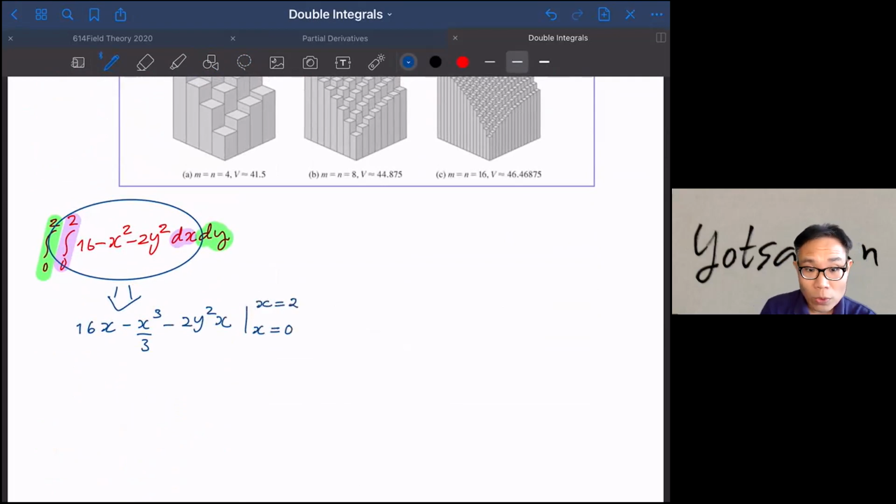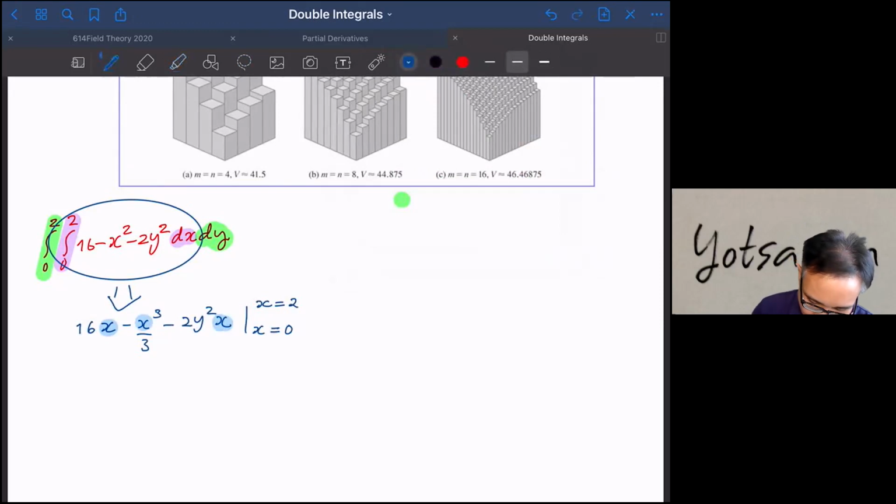I put x equal to 0 and x equal to 2 to warn myself that we are working with the variable x, and the place where I put my x is the x here, in those 3 places.